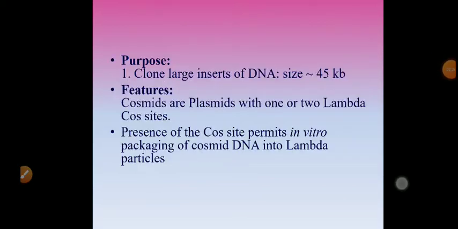So what is the purpose of designing this plasmid? It can clone large foreign DNA insert as large as 45 kbs. And so what are the special features? That cosmids are plasmids containing one or more cos sites of lambda phage.